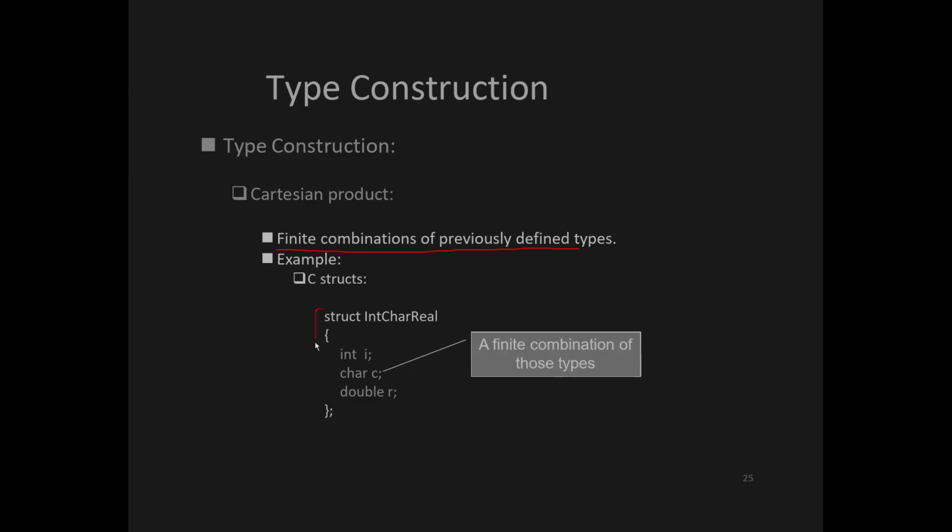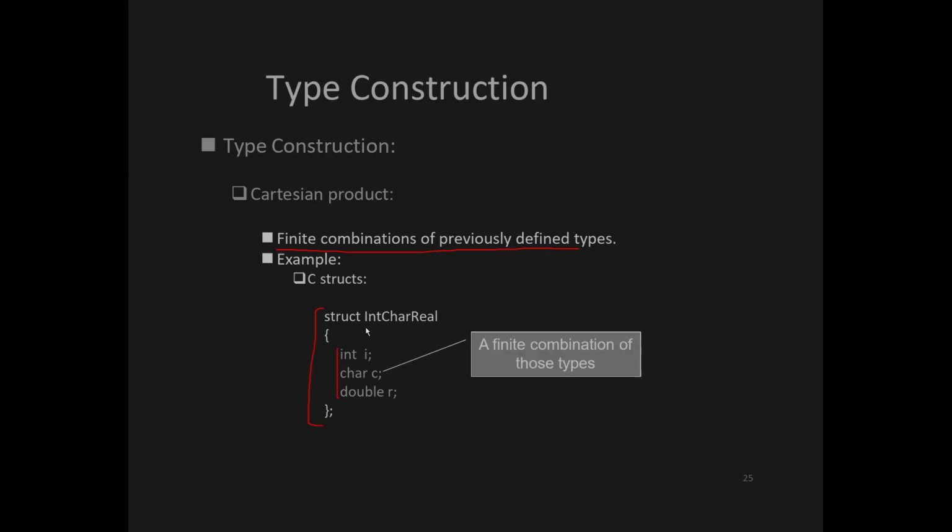First, the Cartesian product, which is just a combination of multiple types. For example, the structs that we saw in C, okay? And this is a combination of an integer, a character, and a double, just as an example, okay? It can be multiple integers or an integer and an array or whatever, just a struct.